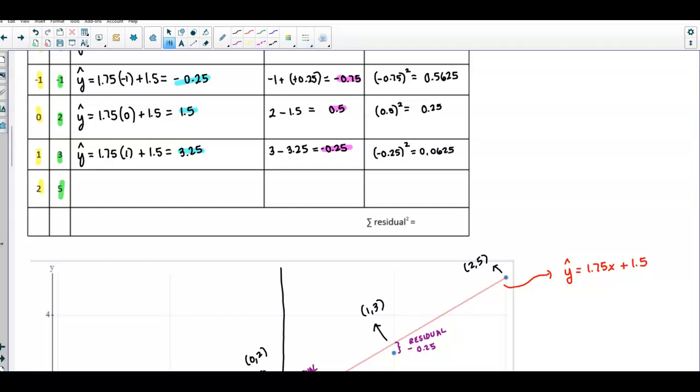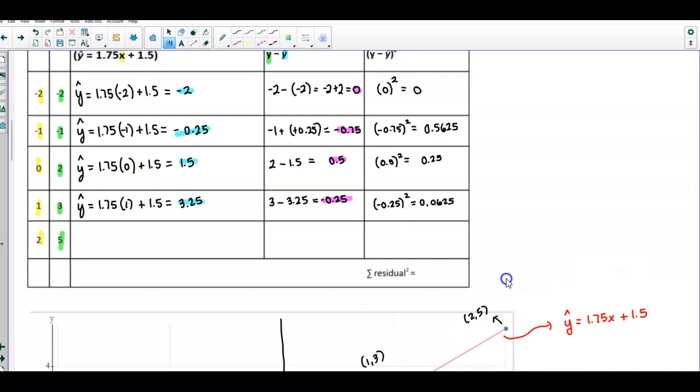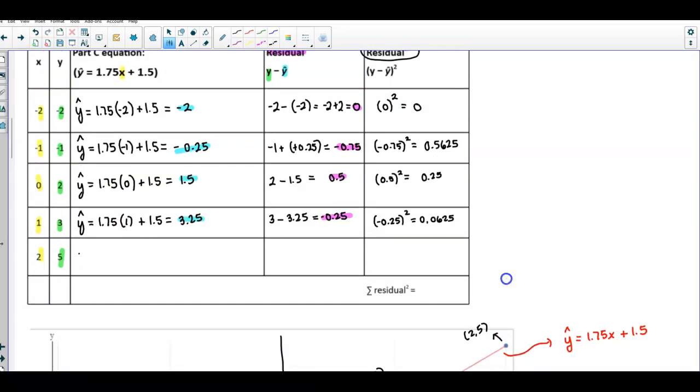Okay, now if we take a look at our last point, this point is right on the line. So that means the residual should be 0 if it's on the line. But let's go ahead and calculate this. So we're going to take y hat, which equals 1.75, and multiply that by 2 since that's x, and then add 1.5.